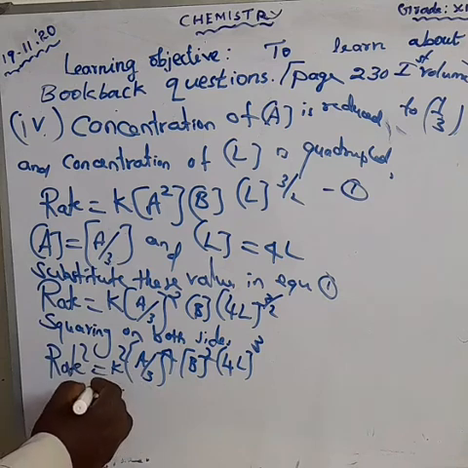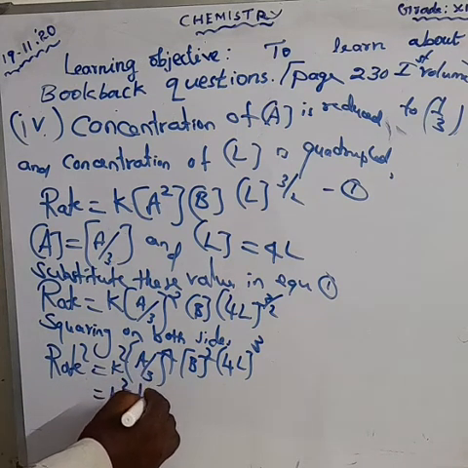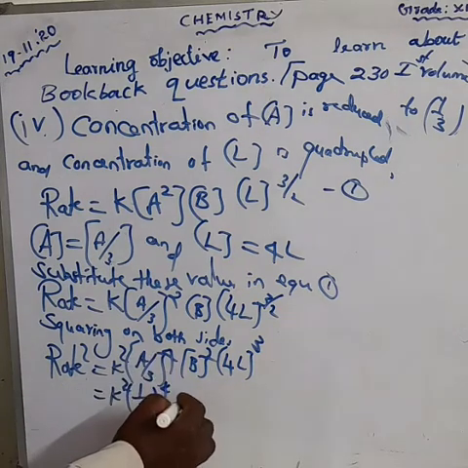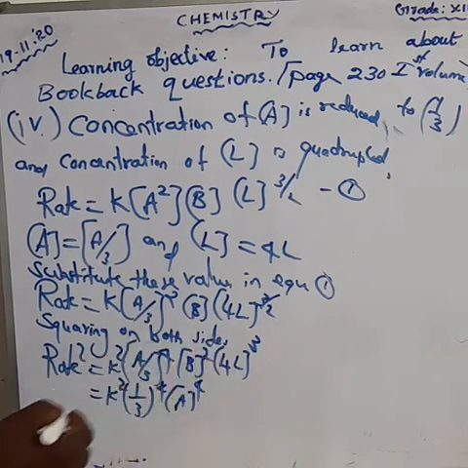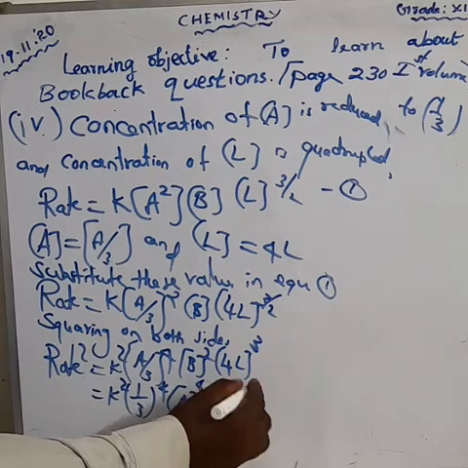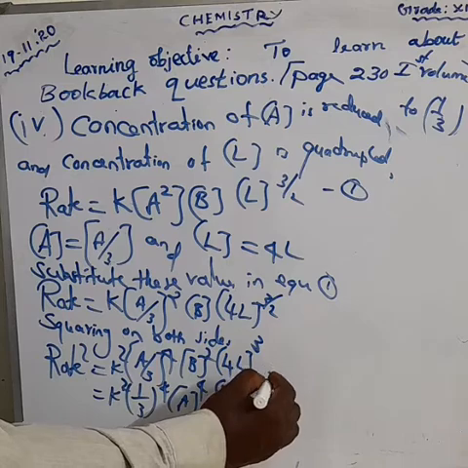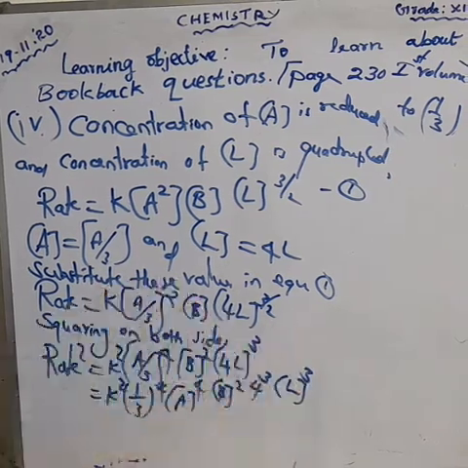Rate square is equal to K square, 1 by 3 to the 4, A to the 4, then B square, and 4 cube L cube.